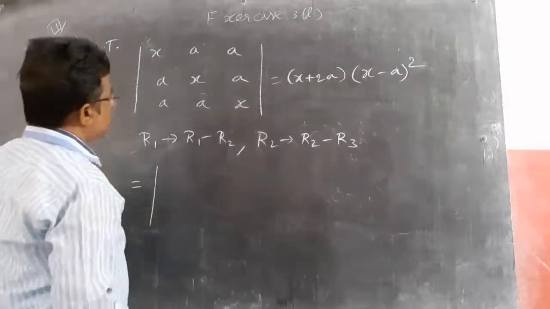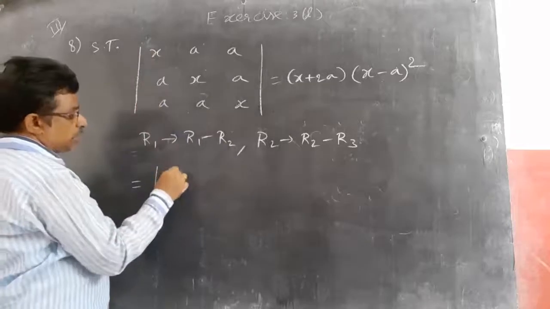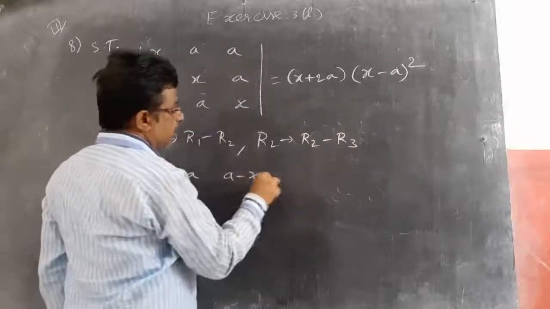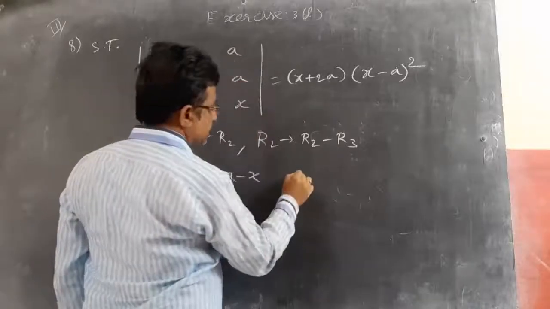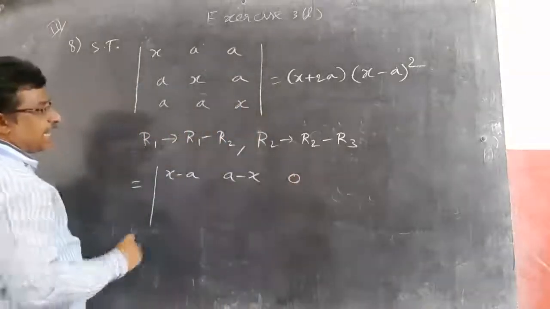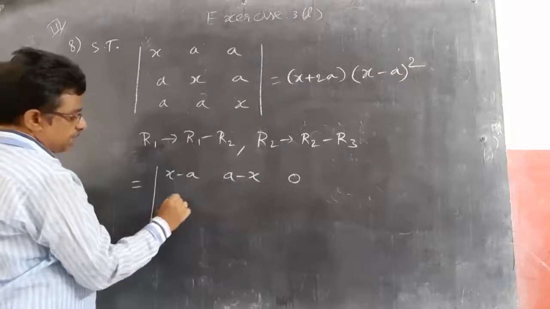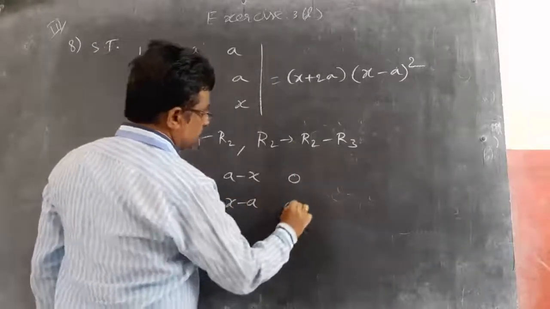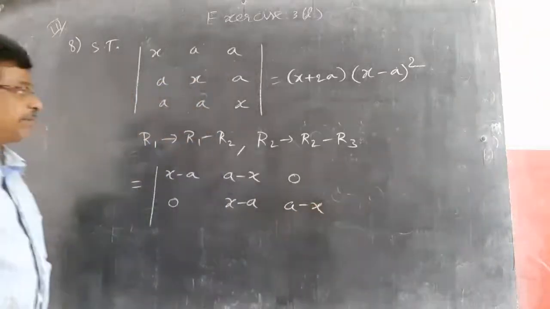So first row, r1 minus r2 I am doing. So this becomes x minus a. This is a minus x. A minus x. This is a minus a 0. Again r2 minus r3. A minus a 0. This is x minus a. This is a minus x. A minus x.